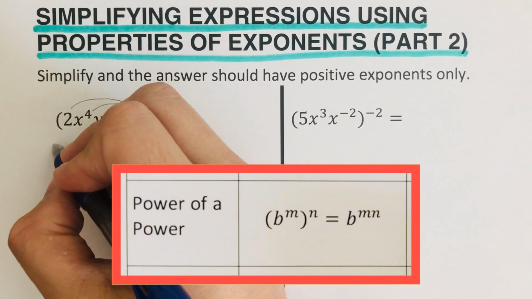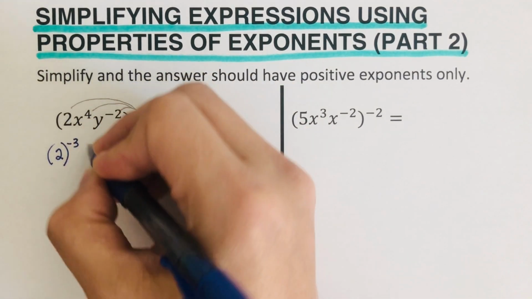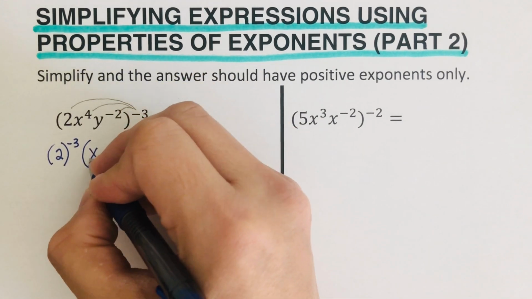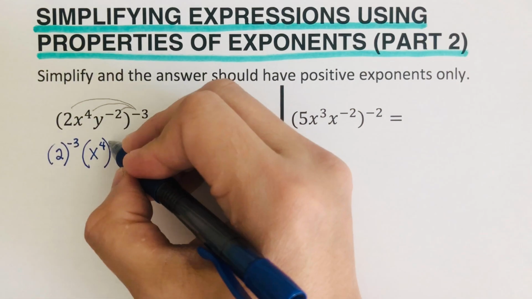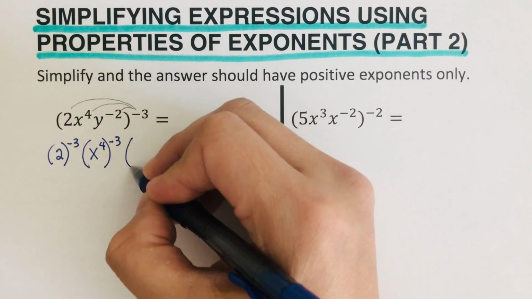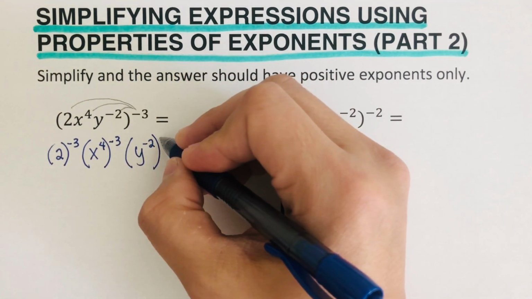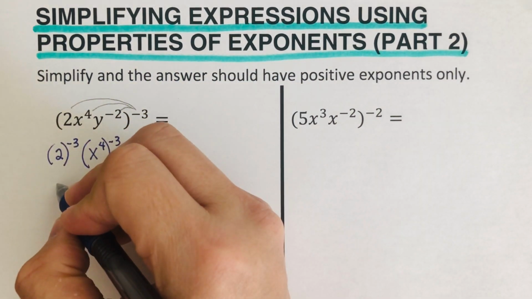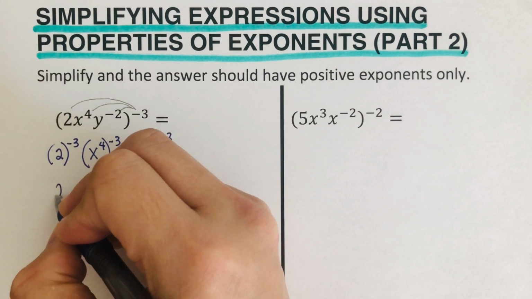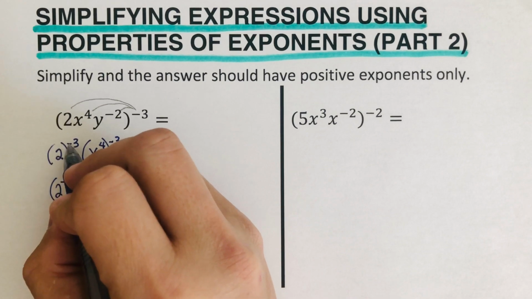The 2 is inside the parentheses, and this is raised to the power -3. And then the x to the fourth is inside the parentheses, and that is raised to the power -3. And then the y to the -2 is inside the parentheses, and that is raised to the power -3. We can simplify this as 2 to the power -3, because you have a 1 and the -3.